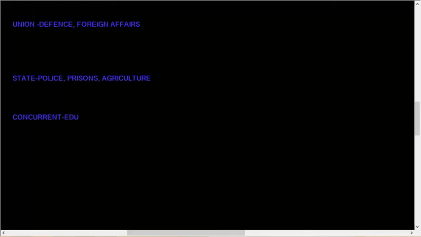That is education, newspapers, family planning, trade unions, electricity, things like that, etc. And anything that's remaining, anything residuary, remains with the center, because the center is stronger compared to the states. So we have the union list, the state list, and the concurrent list.